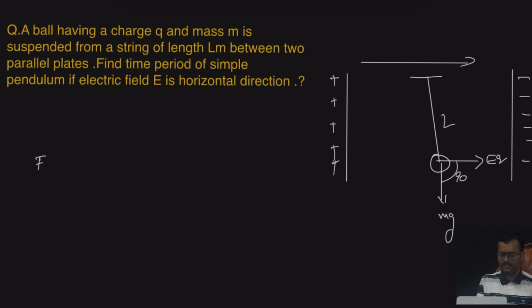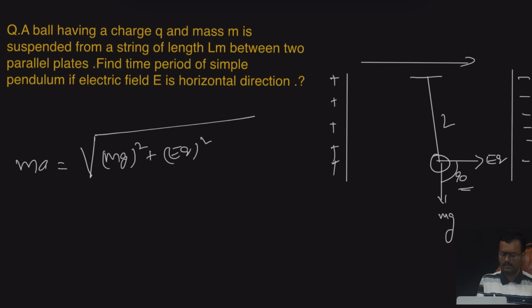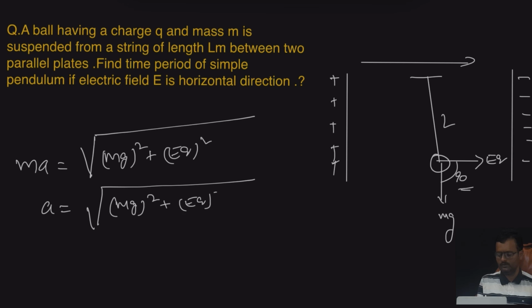So the resultant force F equals the square root of P square plus Q square, that is (mg) whole square plus (EQ) whole square. The resultant force is ma, so I want to calculate the acceleration. So that is square root of (mg) square plus (EQ) square, divided by m.